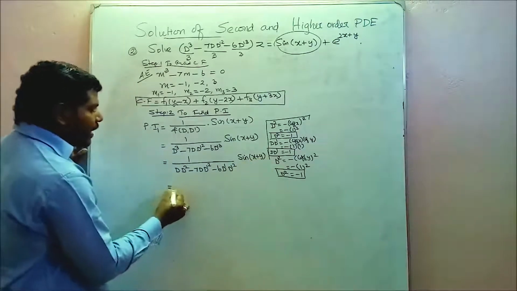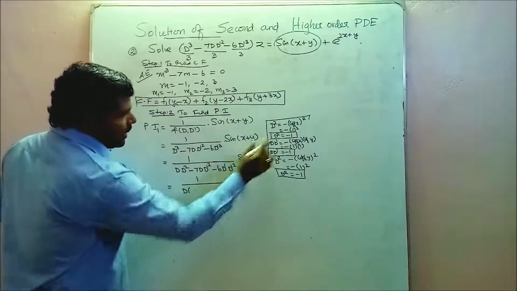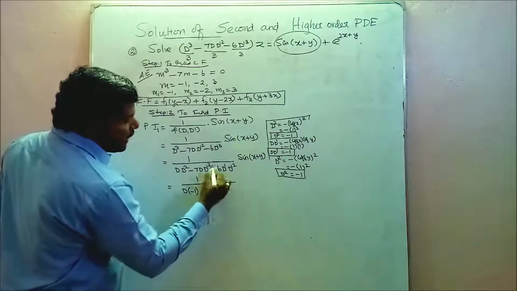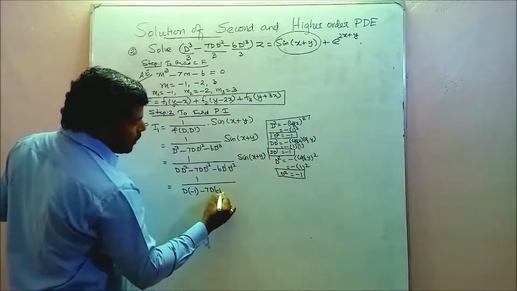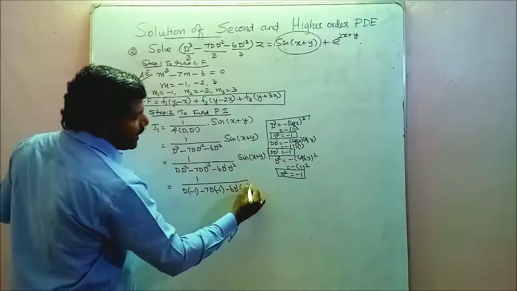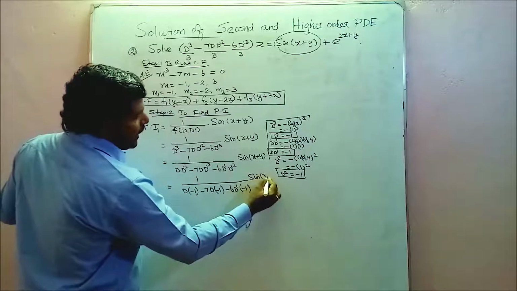Now substitute the values we know. Where d into d square is, substitute minus 1. Where minus 7d into d dash square is, substitute minus 1. Where minus 6d dash into d dash square is, substitute minus 1. We get sin of x plus y.